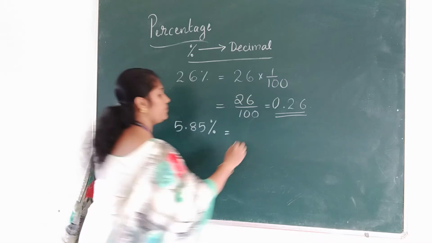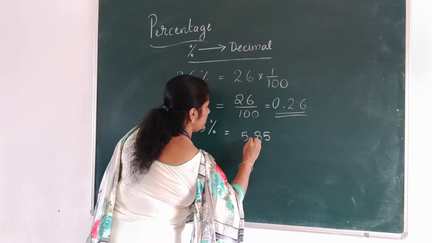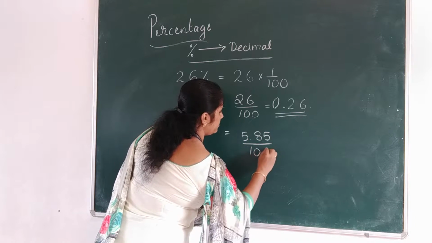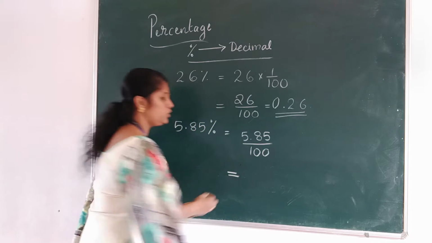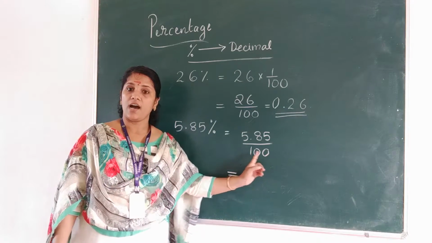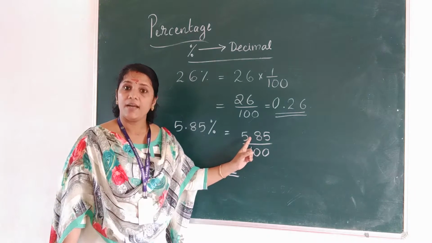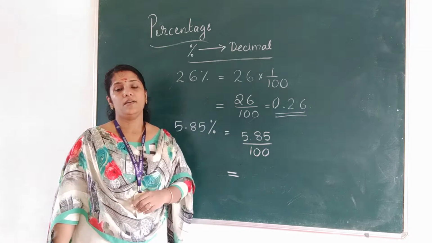Percentage is here, right? So 5.85 by 100. It is equal to, here also 2 zeros are in the denominator. Numerator is a decimal number.